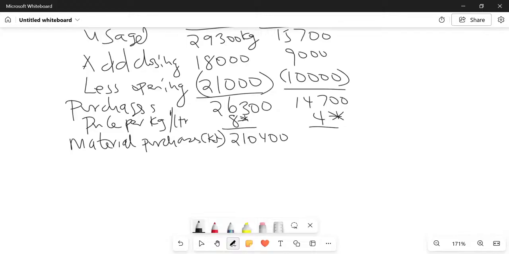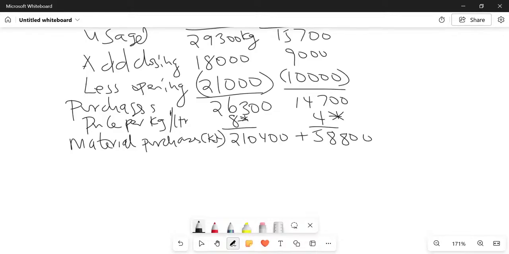And then we have in this case here 14,700 times 4, which then will end up giving us what figure? So 14,700 times 4, that gives us 58,800.